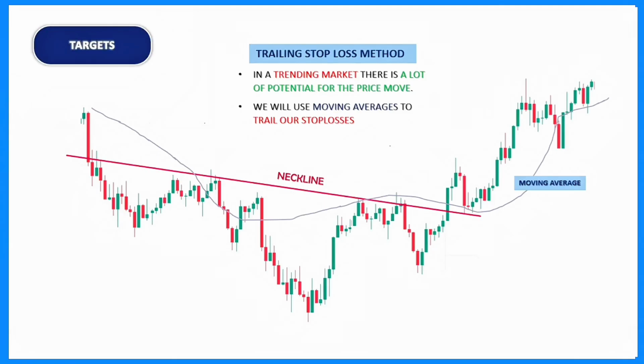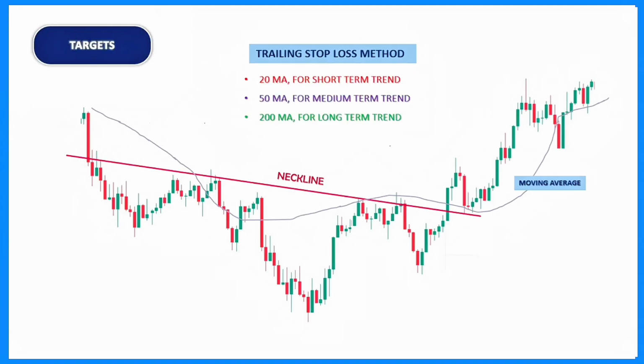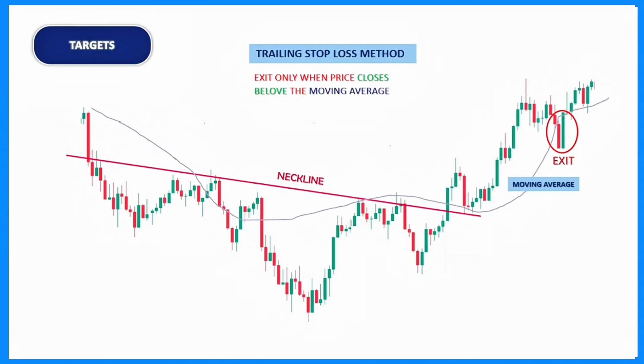First, decide what kind of trend you want to capture: short-term, medium-term, or long-term. Then choose your moving average accordingly. Use the 20 period for short-term moves, the 50 period for medium-term moves, and the 200 period moving average for long-term trades. You'll exit the trade only when the price closes below your chosen moving average.